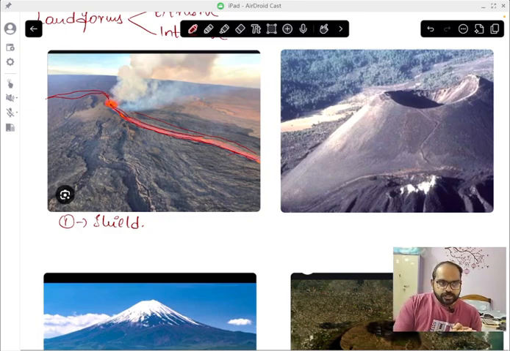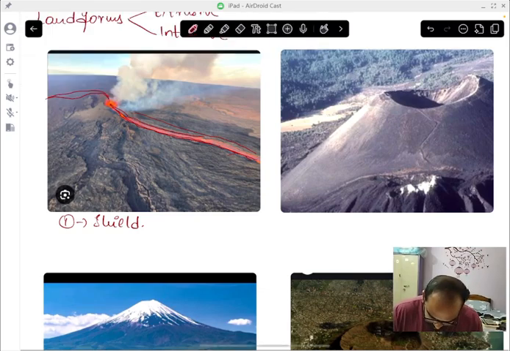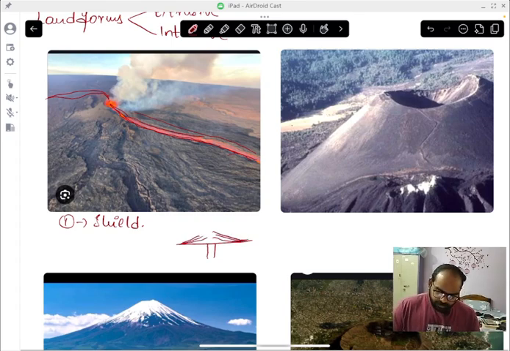Sometimes what happens, this lava travels up to the vent, right? And while traveling, sometimes the lava here gets solidified. The lava here gets solidified, right?